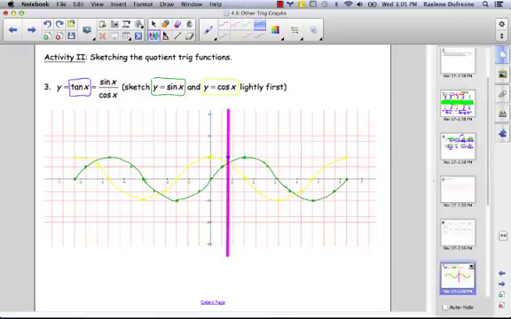We can see when the two graphs intersect again is over here. And if I draw this line, if I'm going to be clear about the quadrants, I can see that from 0 to pi by 2 radians is quadrant 1. From pi by 2 until pi radians is quadrant 2.